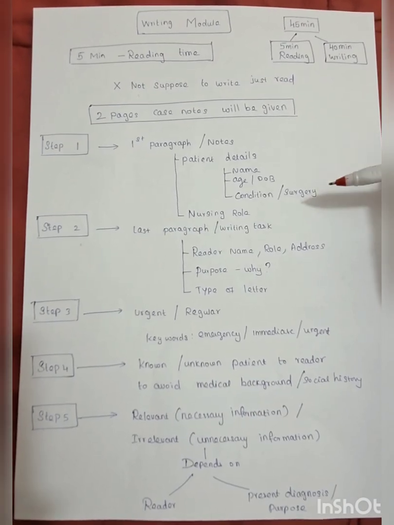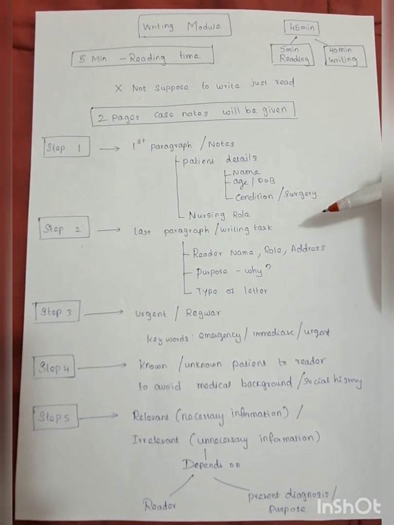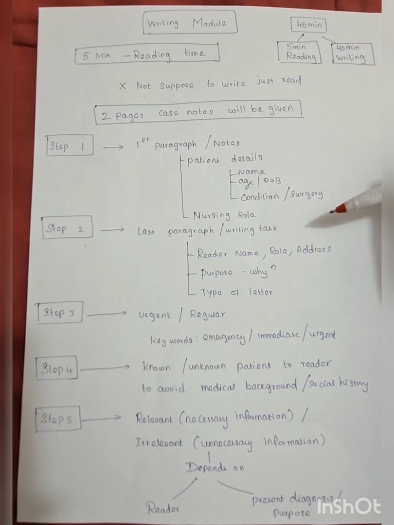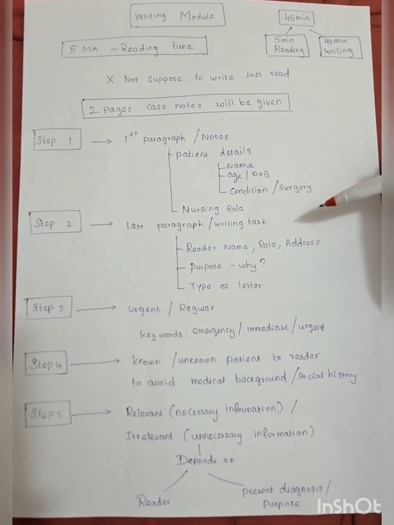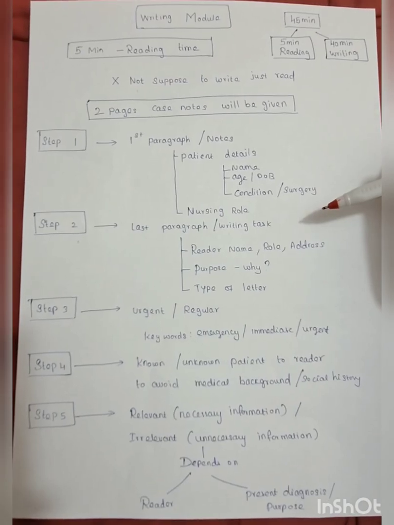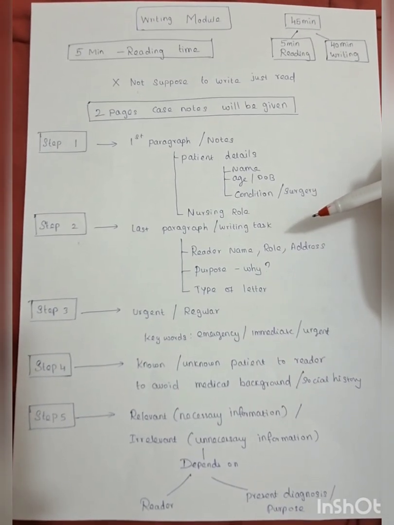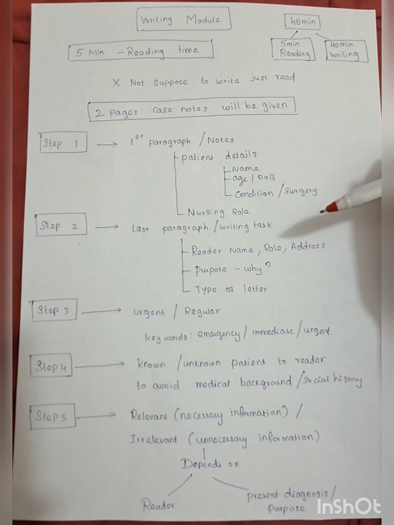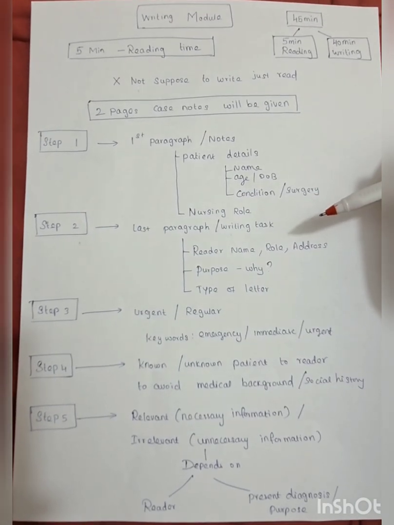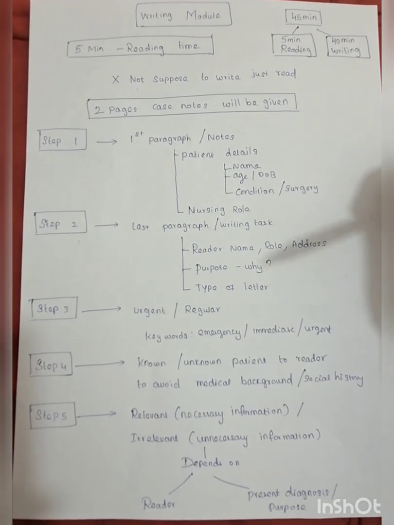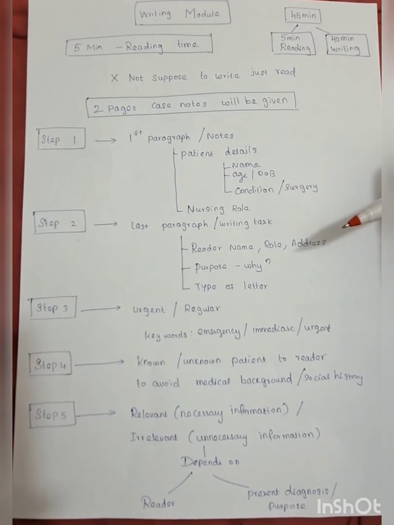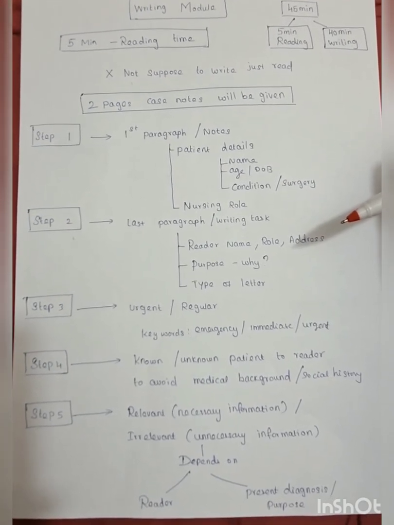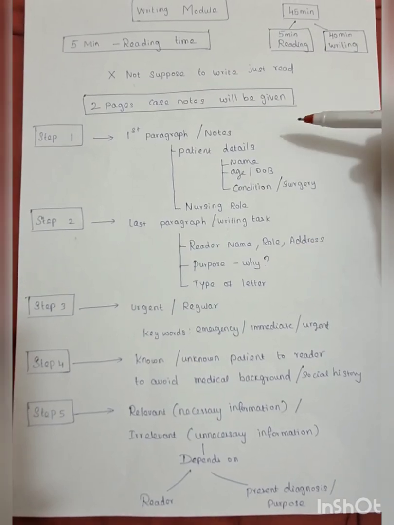And the second step is about the last paragraph or writing task, which is important, just like a question, right? In this writing task, they give your reader's name and his or her role, address, whom you are writing to, and why you are writing this letter, for what purpose, what kind of requirement the patient has.